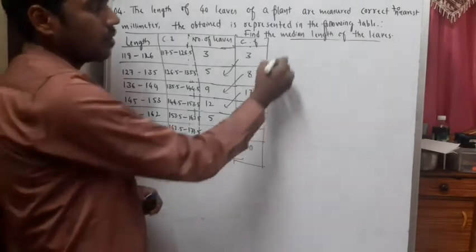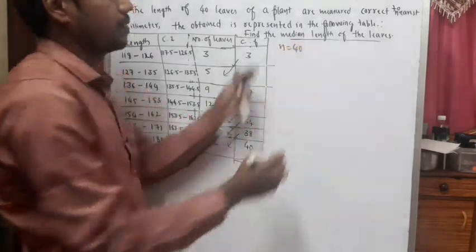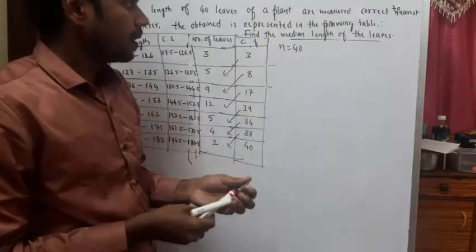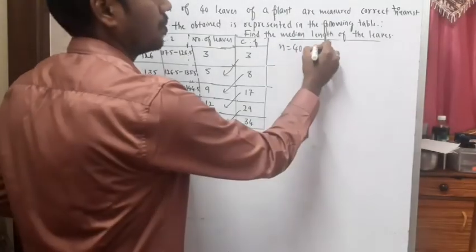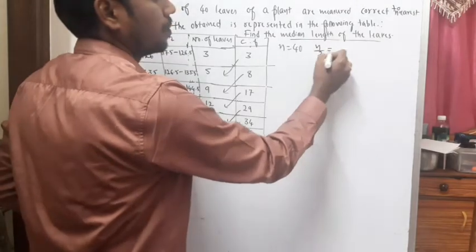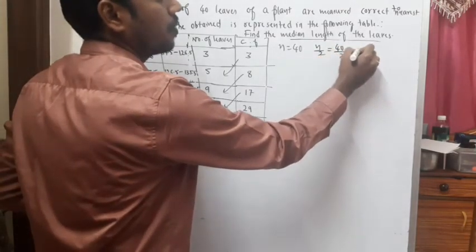The total n is equal to 40, which is already given. Then n by 2 is 40 by 2, which is equal to 20.